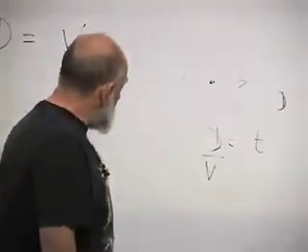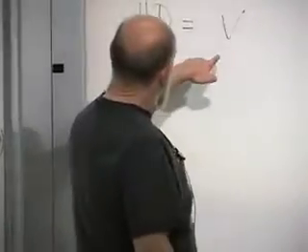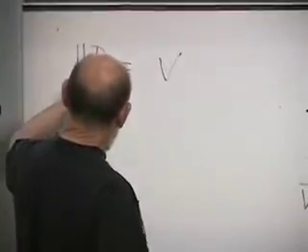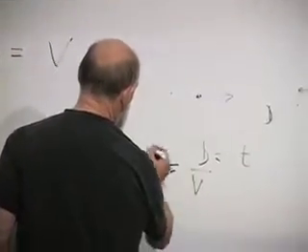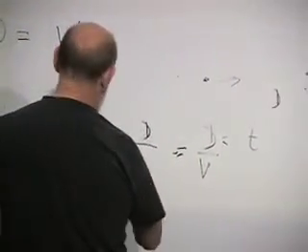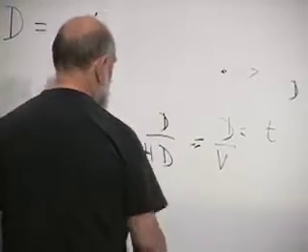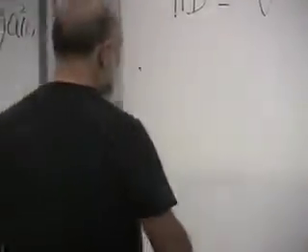The answer would be the distance between them divided by the velocity. But if the velocity is equal to the distance times the Hubble expansion parameter, this reads distance divided by h times distance, or just 1 over h.